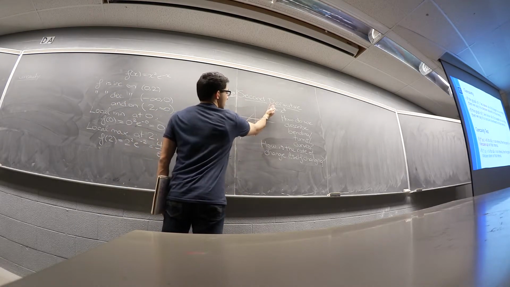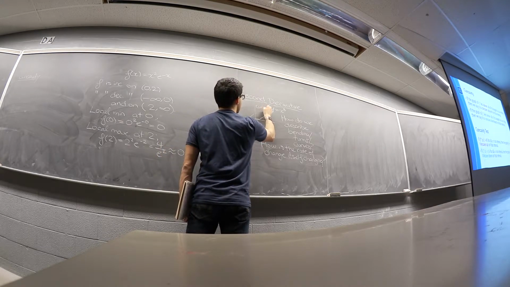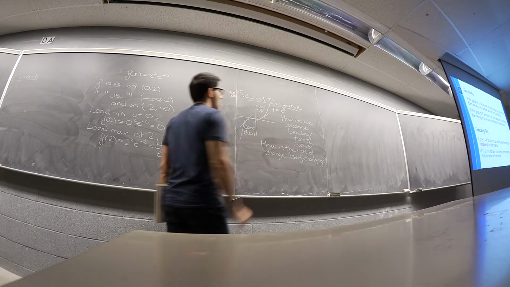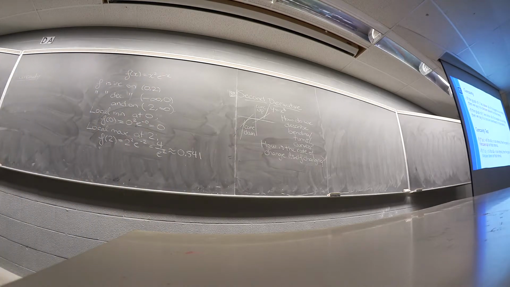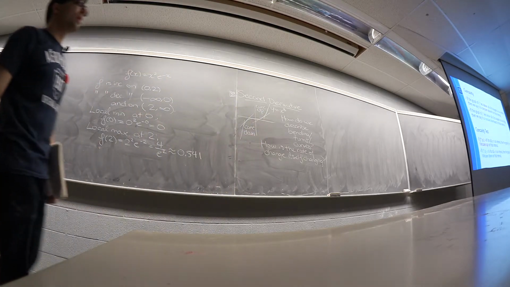Here we're sitting above all our tangents, so we're concave up. Above the tangents, obviously, except at the point of tangency. So we sit below our tangents, we're concave down. Sit above our tangents, we're concave up.